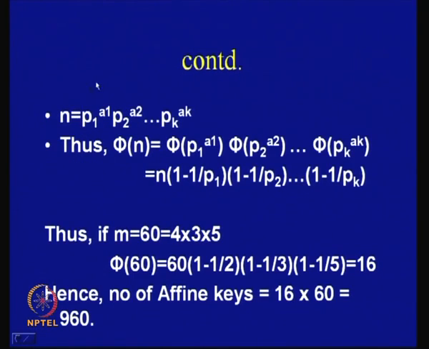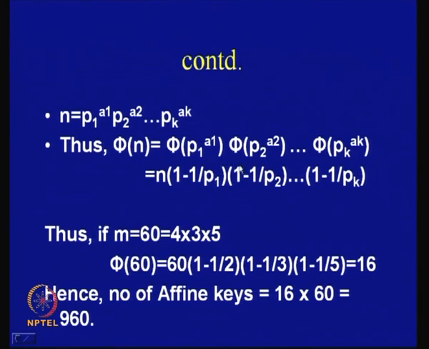Then if you need to find phi of n, from the fundamental theorem of arithmetic, you can factorize any n like p1 to the power of a1, p2 to the power of a2 and so on till pk to the power of ak. Therefore phi of n is phi of p1 to the power of a1 multiplied by phi of p2 to the power of a2 and so on, because p1 to the power of a1 and p2 to the power of a2 are co-prime to each other.